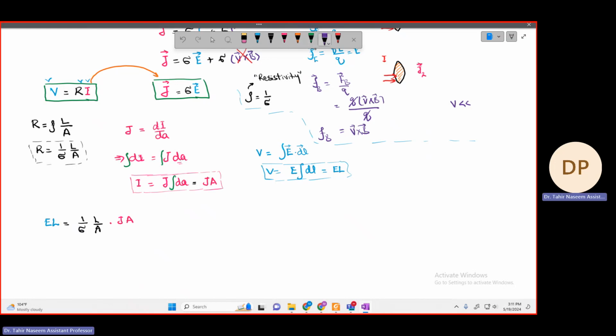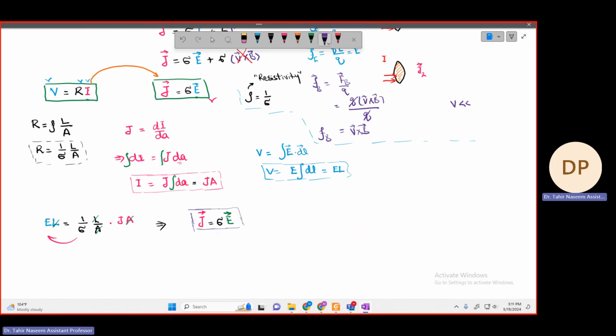Now, there are a few things which cancel out, like A cancels with A, L cancels with L, and we will have J, sigma, take this toward this side, is equal to sigma times E. And in vector form, I can write J equals sigma E, which you can see is the Ohm's law, right? So one can convert one form to the other.